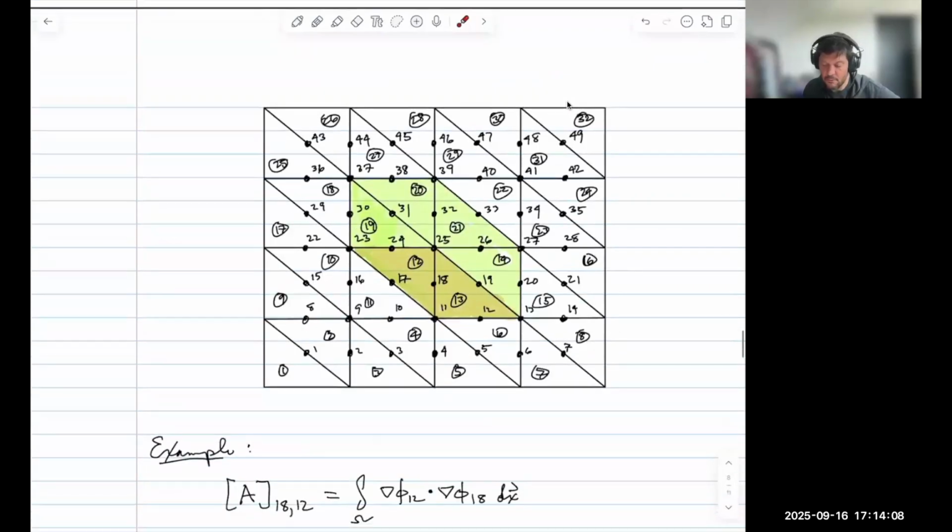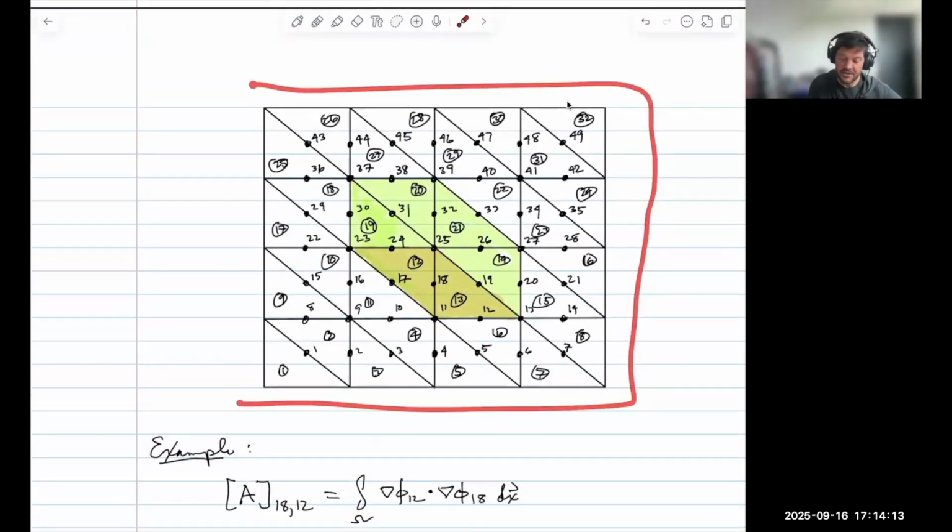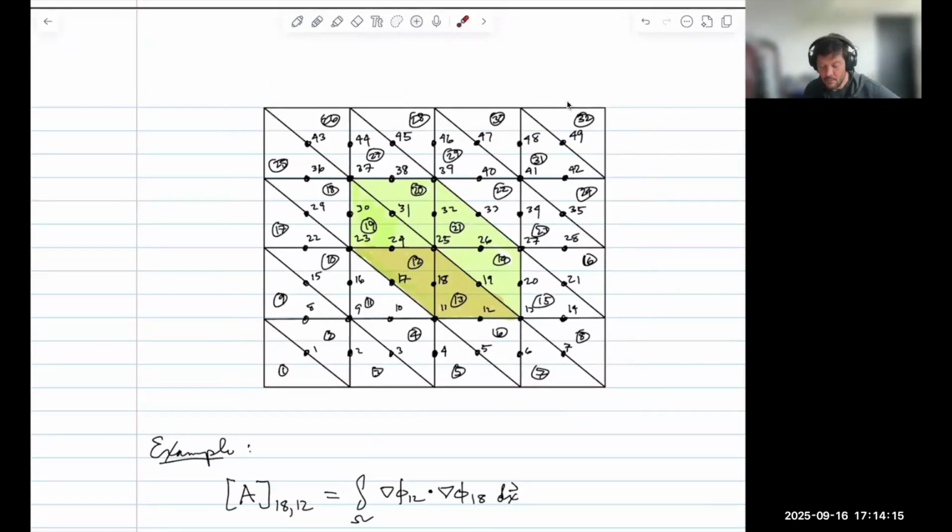If I've got it drawn out like this, it's very easy to see what's what. But what I really need to know, and what makes life a lot easier for me, is if I have some sort of definite mapping about what nodes are in what triangles. For example, triangle 13 has what nodes in it? 11, 12, 13, 18, 19, and 25.